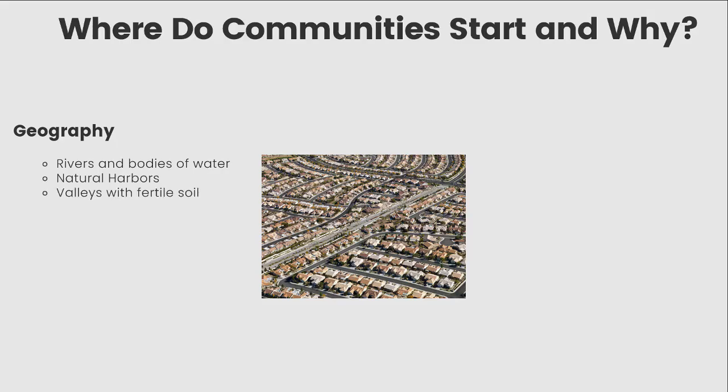Valleys are typically more abundant with fertile soil, just due to the nature of gravity. When it rains, water will run down mountains and pick up minerals and other nutrients and then deposit them in valleys. So valleys typically have fertile soil. You can look at the example close to home here in California. The Central Valley is surrounded by mountains, and the fertility of the soil in that valley is largely a function of all the runoff from precipitation in the mountains that has found its way down into the valley.